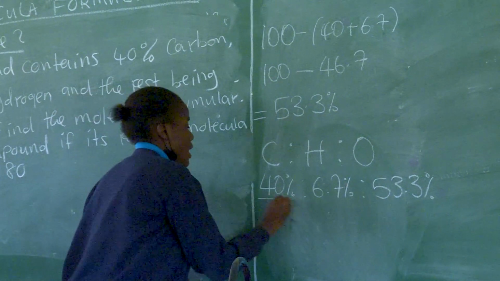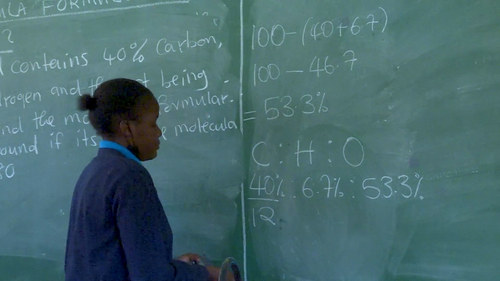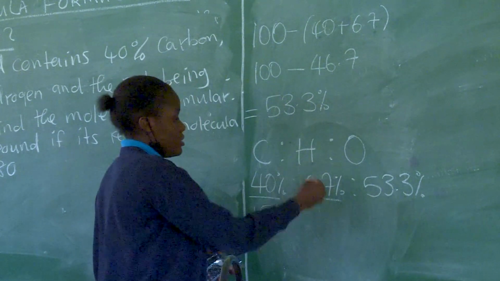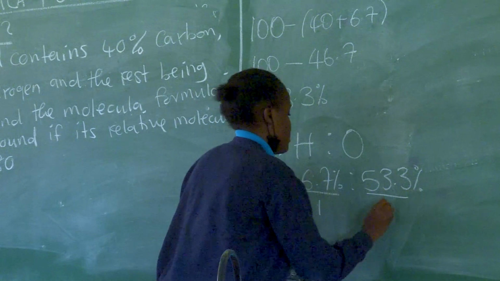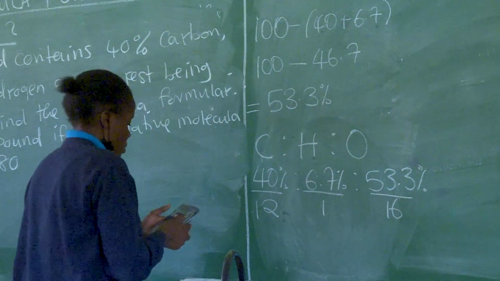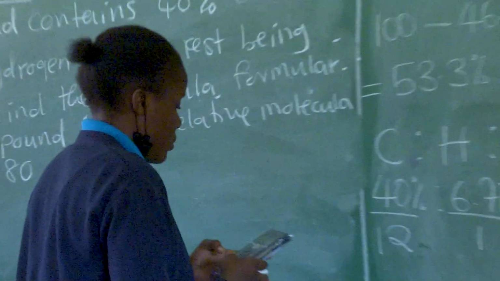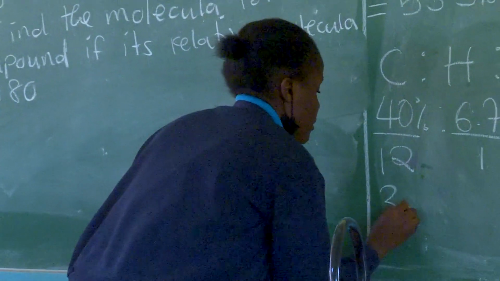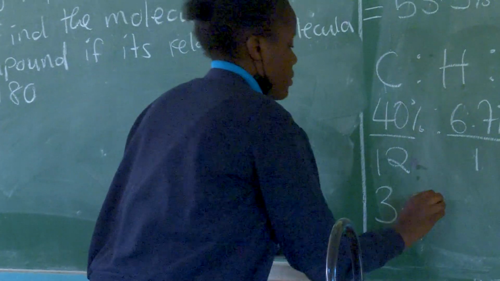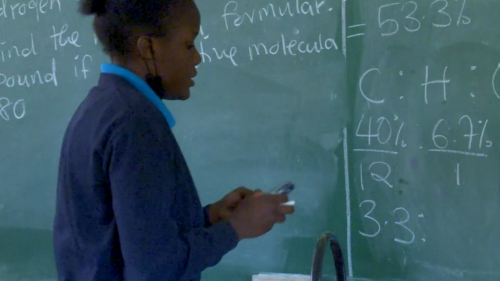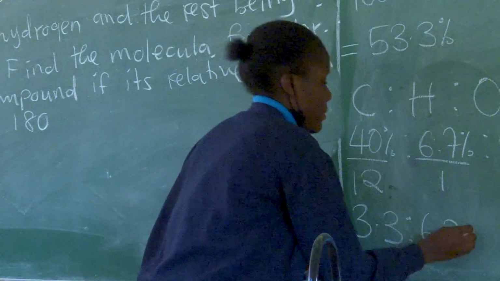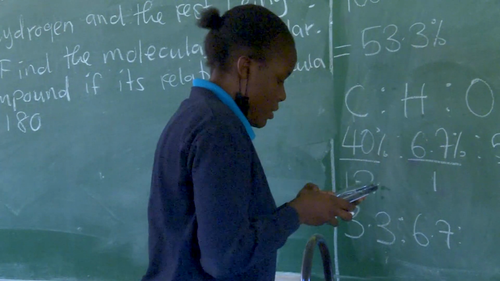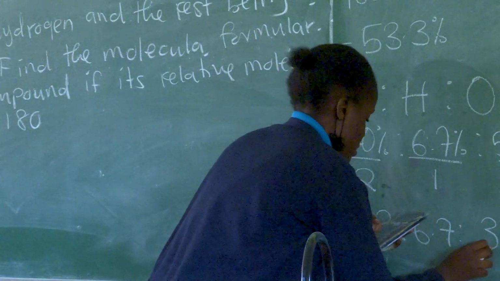The mass number for carbon is 12, for hydrogen is 1, and for oxygen is 16. So 40 divided by 12 gives us 3.3. 6.7 divided by 1 gives us 6.7. And 53.3 divided by 16 gives us 3.3.